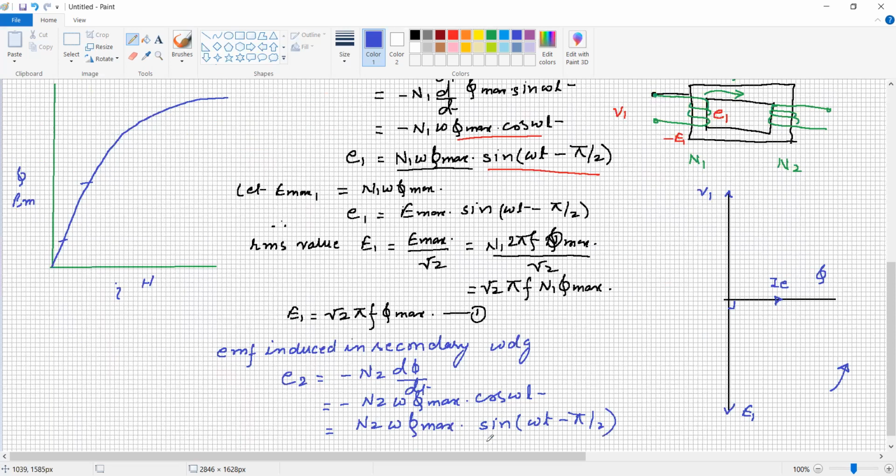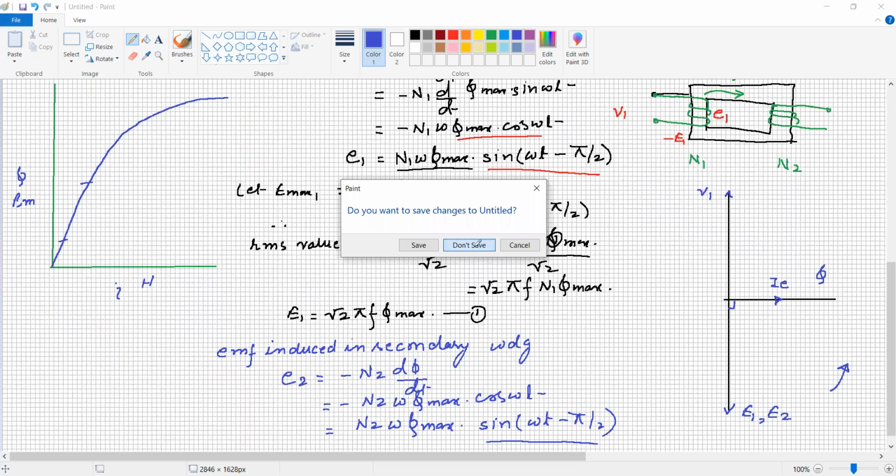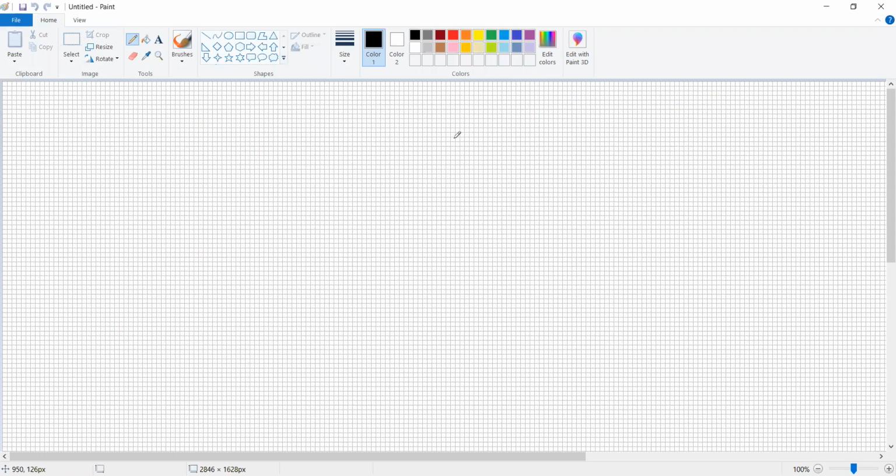So again it is sine omega t minus pi by 2. So we can represent that E1 and E2 are induced lagging by 90 degrees. So again, we will draw an equation and diagram.